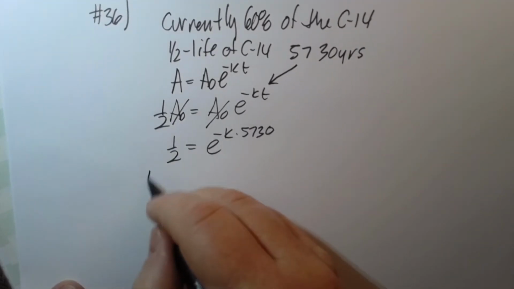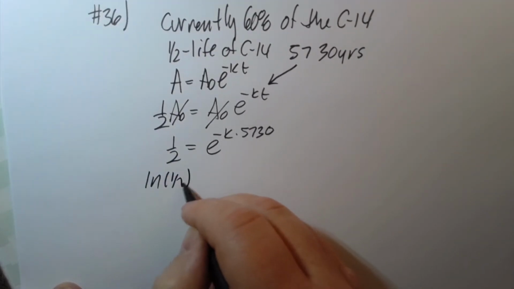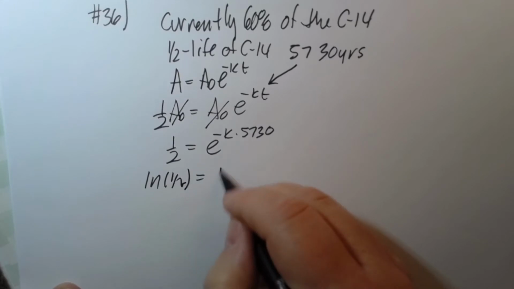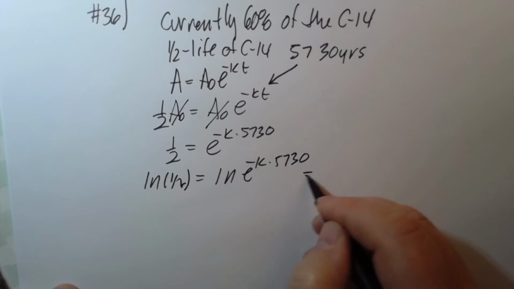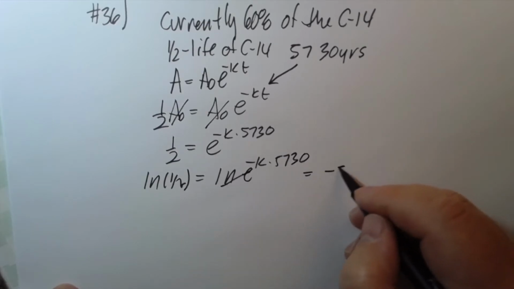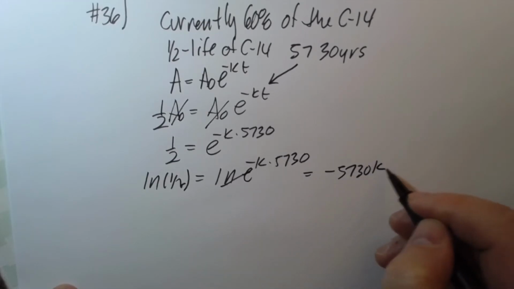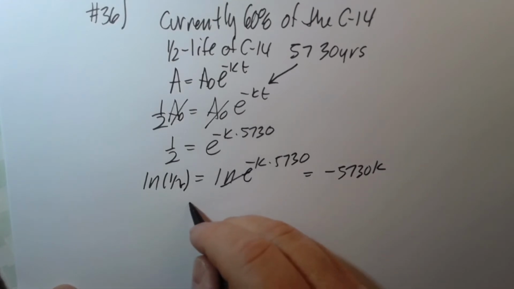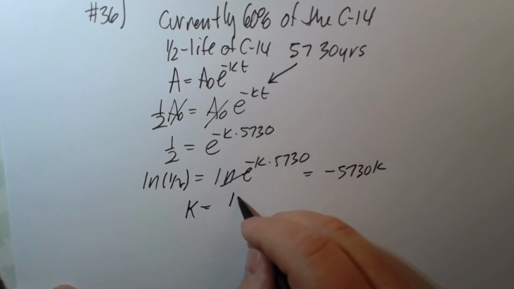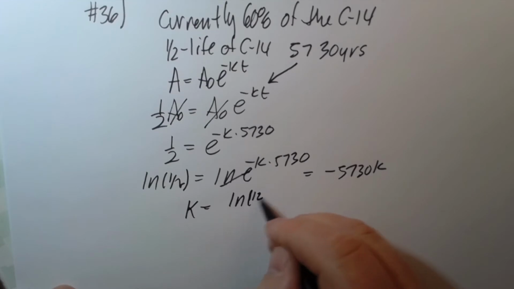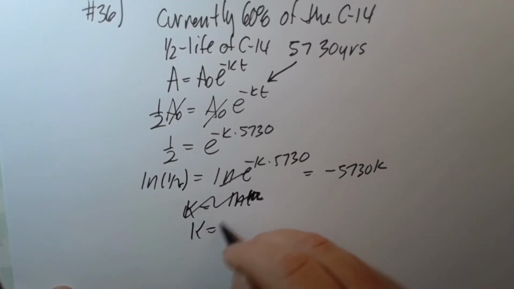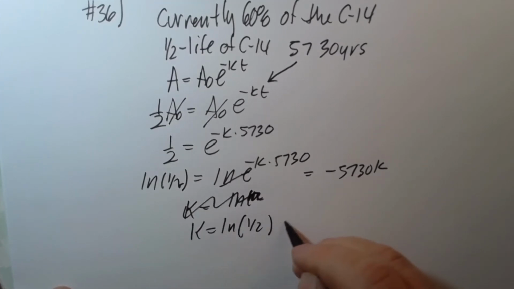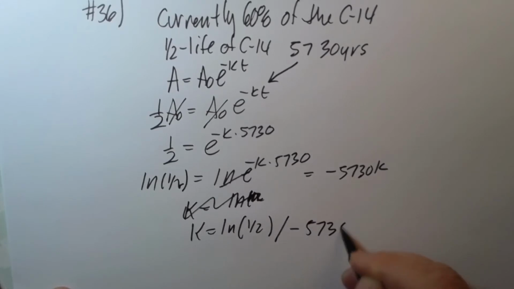Now I take the natural log of both sides, and I get ln of e to the minus k times 5,730, which, since these are inverses, is just minus 5,730k. Divide that over, so k is equal to the ln of 1/2 divided by minus 5,730.